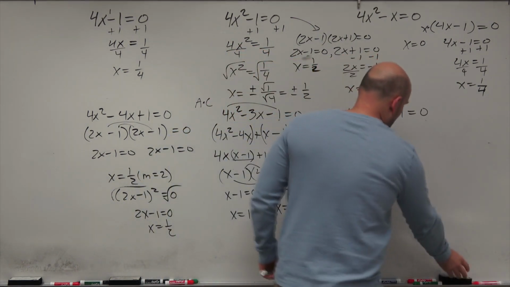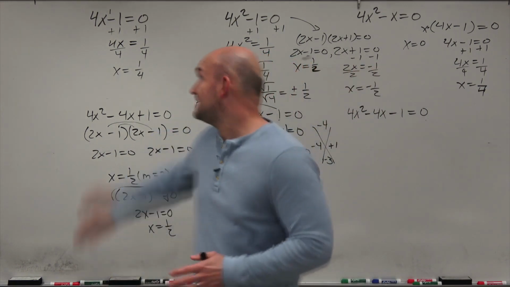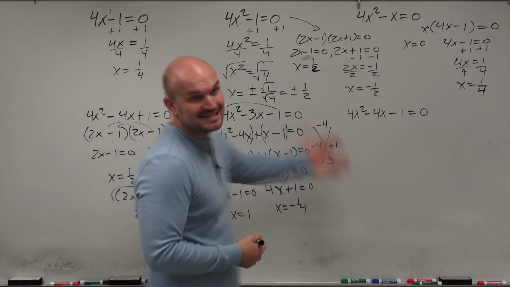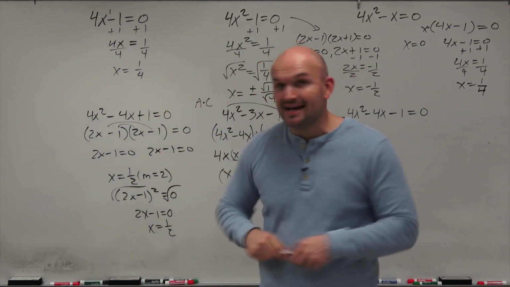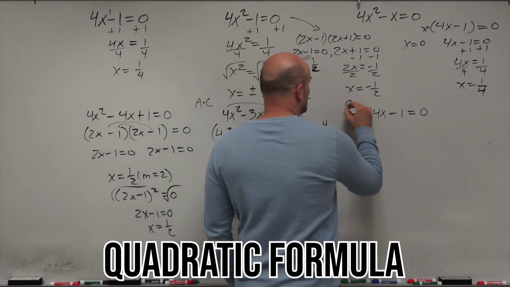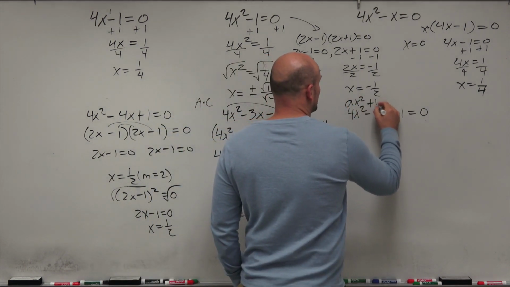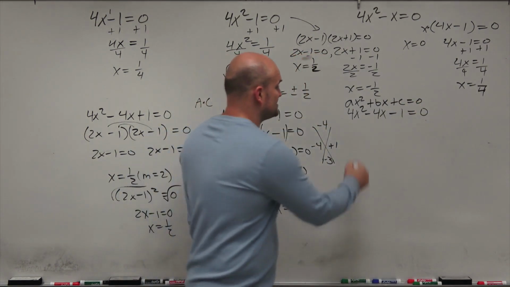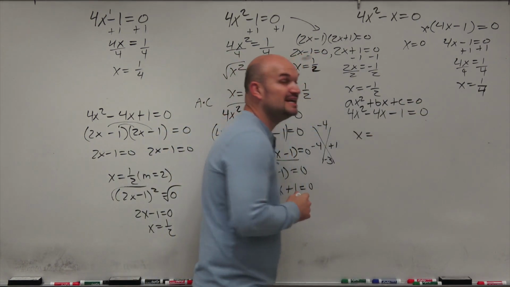What we're going to do here is another technique we use when we can't use inverse operations, when we can't use factoring, the AC method or just factoring in our head. Now what we're going to want to do is use the quadratic formula. So remember, the quadratic formula is used when you are in standard form. This is just a way to find any of the solutions.